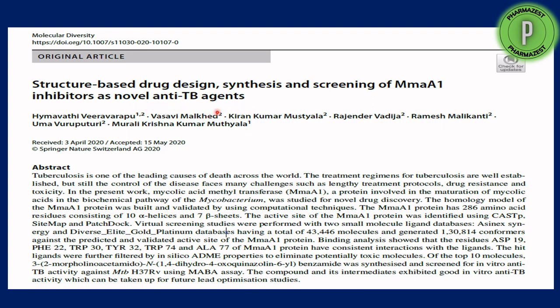In this, I identified novel molecules to inhibit this protein known as mycolic acid methyltransferase. It is a target enzyme for tuberculosis. If you are interested, you can go through this article, and I have explained all the steps in there also. I will give the link to the article in the description. So if you are interested, you can go and check the article.